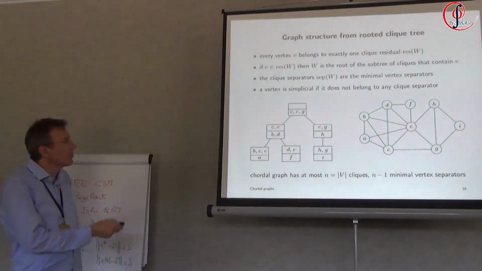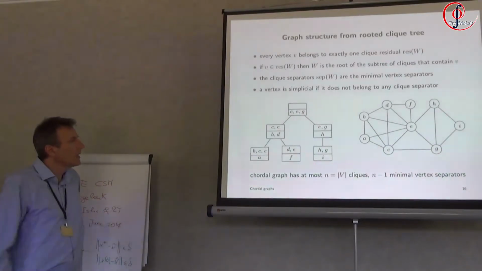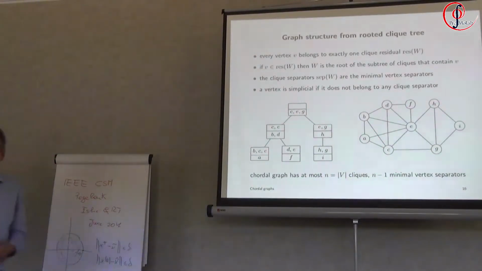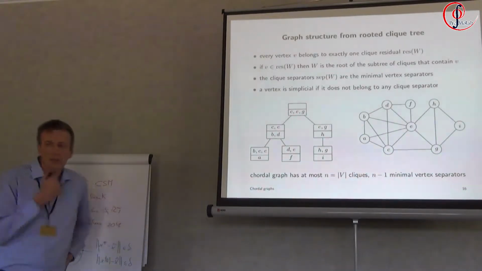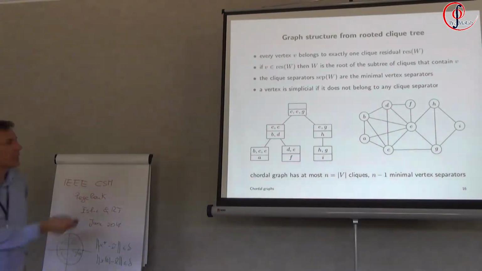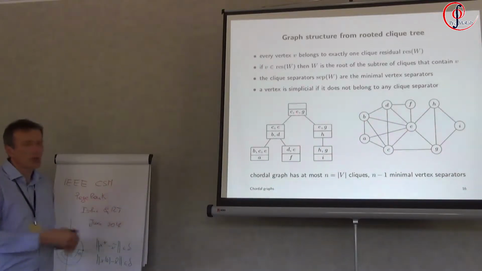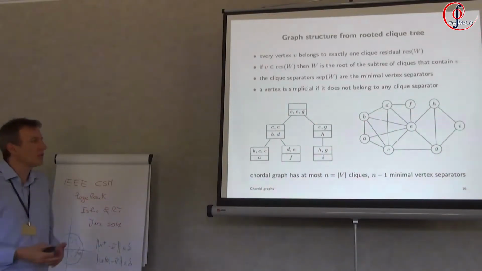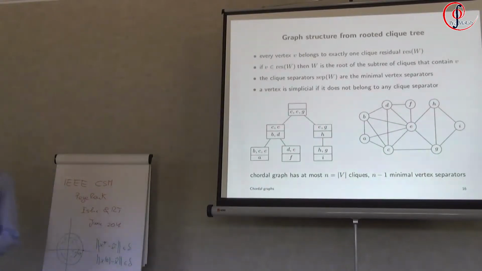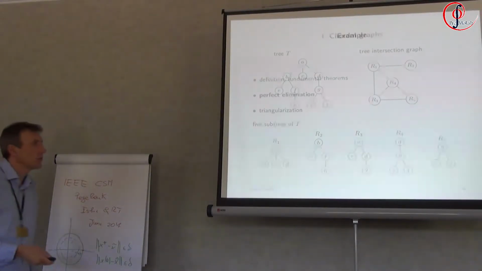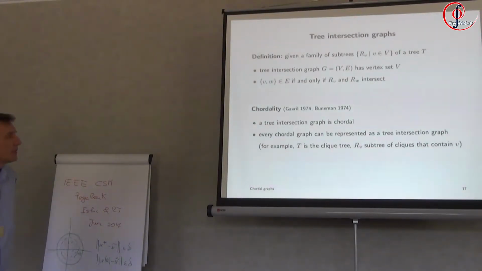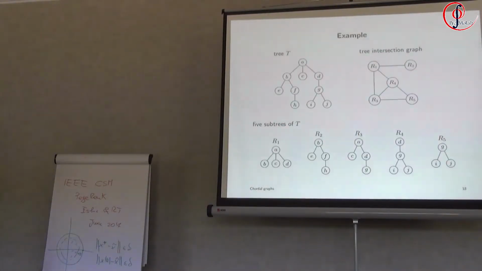So in this example, the tree is the clique tree. The subtrees in the family of subtrees are the induced subtrees that contain that vertex. And then you have an edge in the graph G if those two subtrees overlap, because that just means that there is a clique that contains those two vertices. So those are the basic results on Chordal graphs from graph theory.